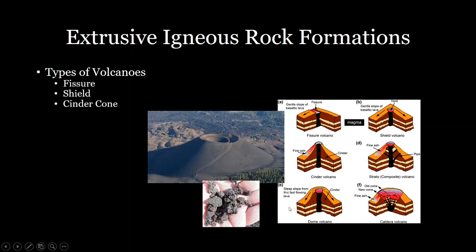And you can see this is an example of cinder here. It's this kind of aerated volcanic material that comes out, and it rolls down the mountainside and forms this cinder cone with close to a 45-degree slope.